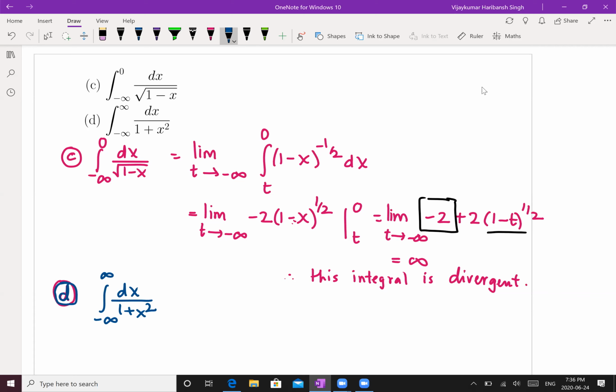So in this case, we have to break it into two parts. First I'll break it from minus infinity to, say, any number of our choice. I'll take 0, plus 0 to infinity.